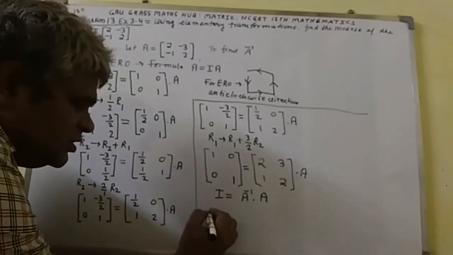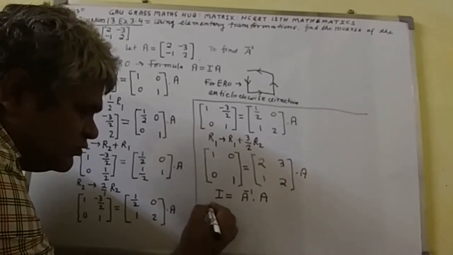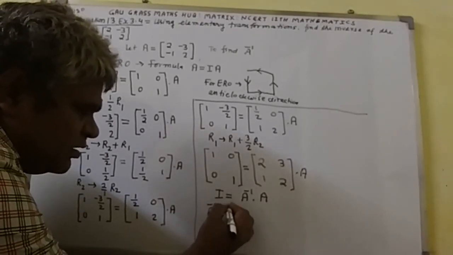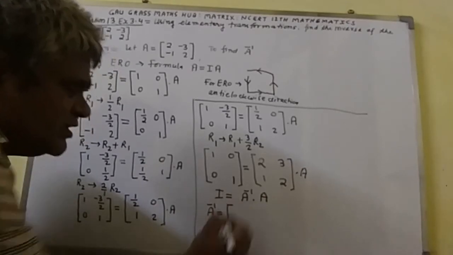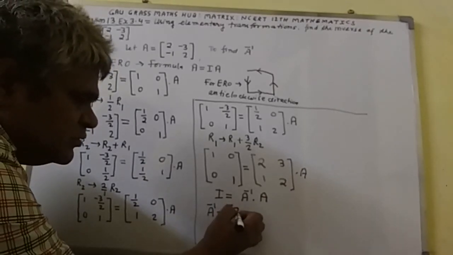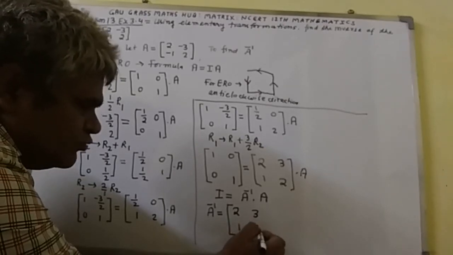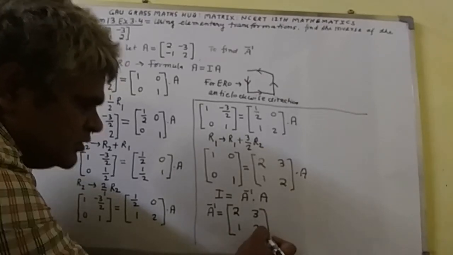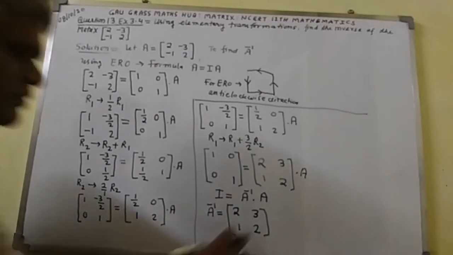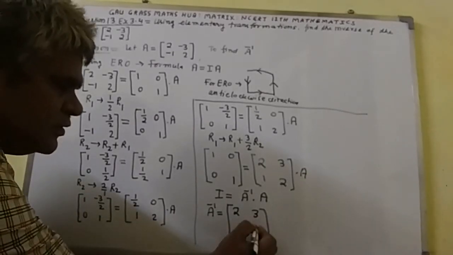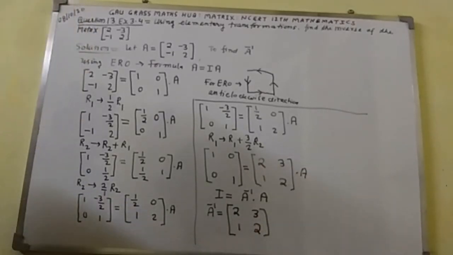So here you will get A inverse equal to opening of square bracket 2, 3, 1, 2. This will be the answer.